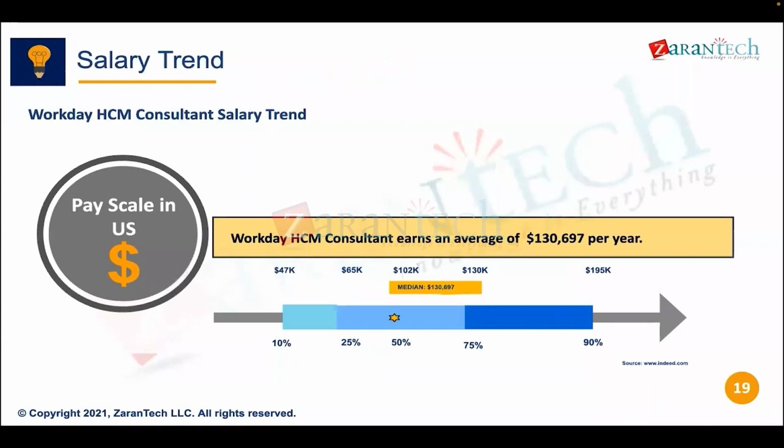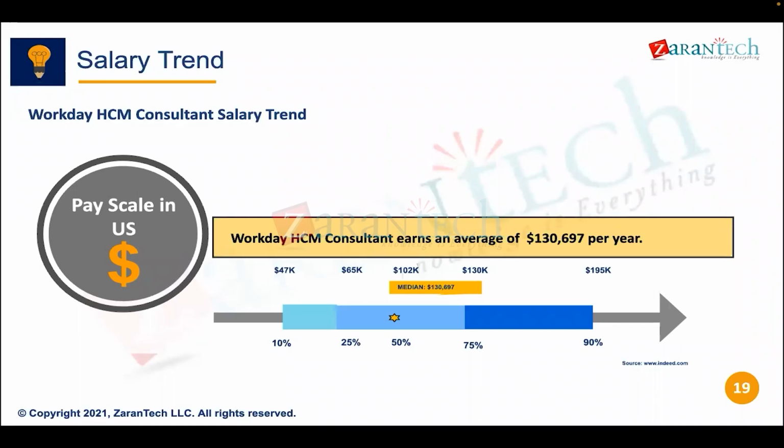So what is the salary trend in the United States? Workday HCM consultants earn about 130,000 a year in terms of gross income. Once you have a certain experience, you become a consultant. You start as an associate consultant or a trainee initially, when you don't have experience.